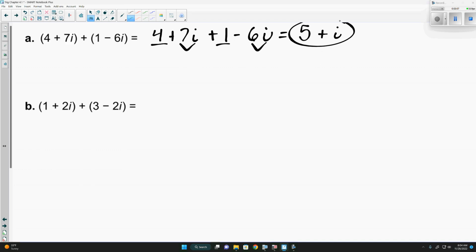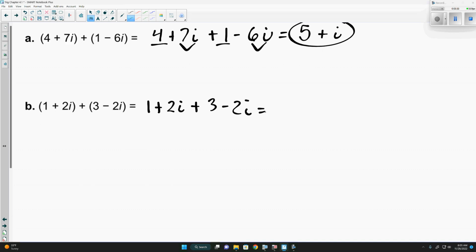Now the textbook would probably do it a little bit differently. They would remove the parentheses, then they would group the real parts and the imaginary parts, kind of leaving i out, combine like terms and simplify. This works just as well. Same thing's true for B. 1 plus 2i plus 3 minus 2i. Well, we can drop the parentheses and say 1 plus 2i plus 3 minus 2i.